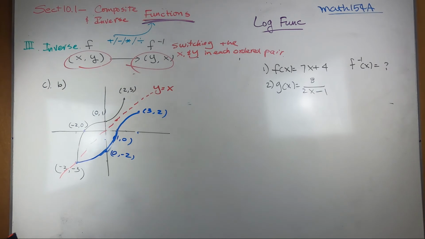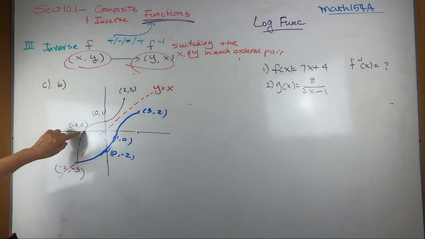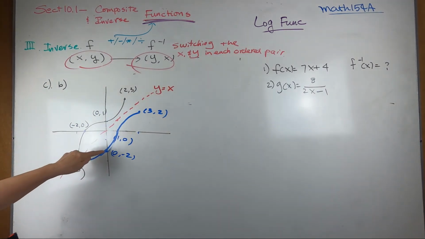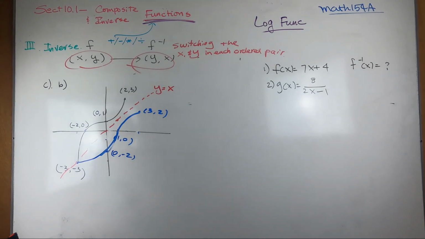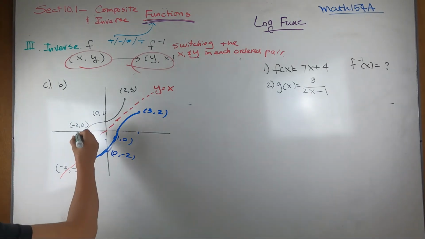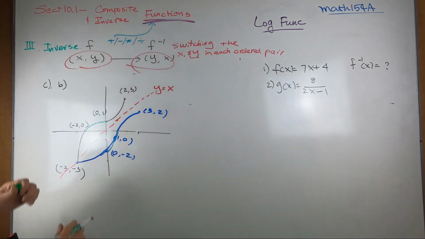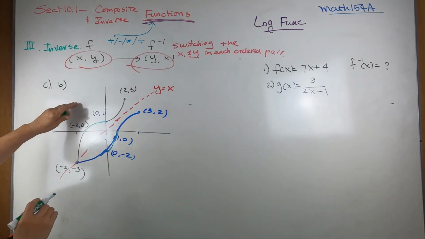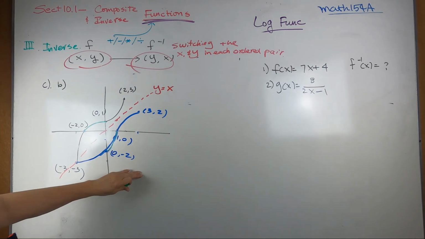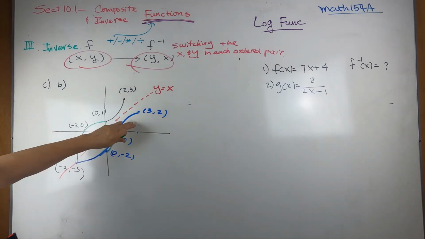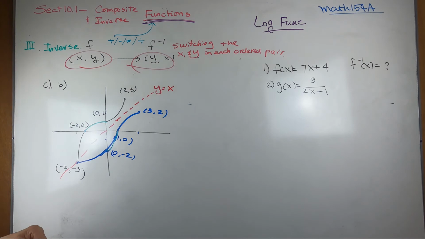Okay, so what happens is, if this part would be this part, right? Then for this part, that would be this part, right? So the second quadrant would be the fourth quadrant, okay? The first quadrant is still the same.